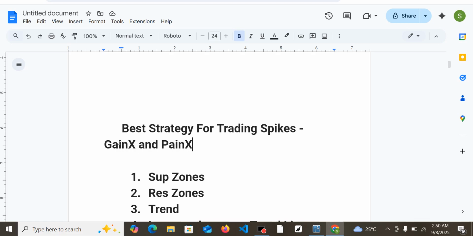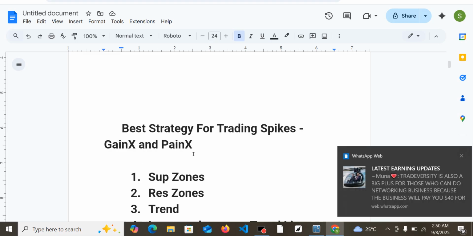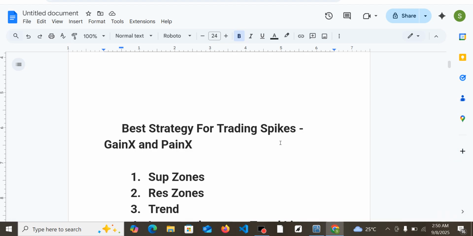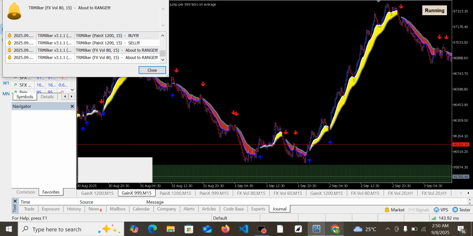Like I said, you need to know the best time to trade spikes on that GainX, and you also need to know the best time to trade spikes on that PainX. How do you get to know that? Quickly, let's go back to the chart.